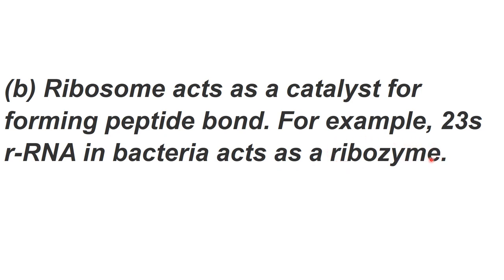As I have told you, peptidyl transferase is the enzyme which makes peptide bonds between the amino acids. Translation is occurring in the ribosome, and in the ribosome there is the subunit 23S rRNA, which itself acts as a ribozyme, or you can say as the peptidyl transferase, for the formation of peptide bonds.